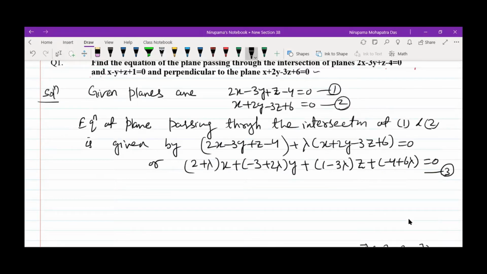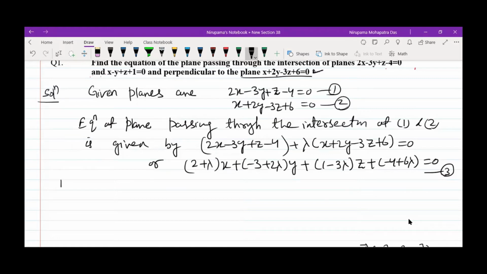Okay, so equation 3 gives us a general idea about the system of planes. But we need one particular plane which is perpendicular to this plane, perpendicular to the plane x plus 2y minus 3z plus 6 equal to 0. This is the individual condition for the required plane.